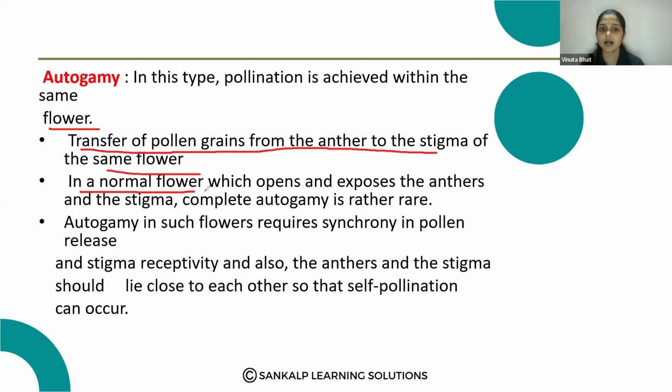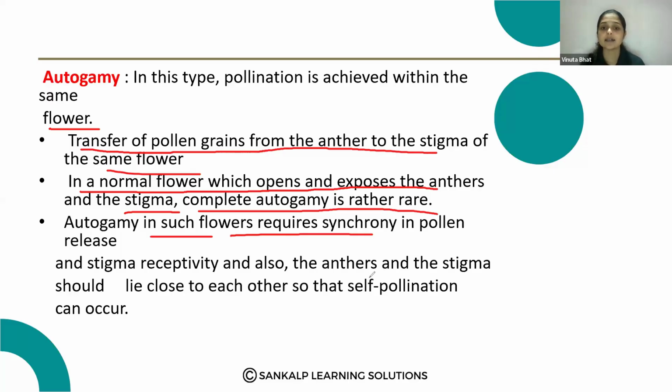In a normal flower which opens and exposes the anthers and the stigma, complete autogamy is rather rare. Autogamy in such flowers requires synchrony in the pollen release and the stigma receptivity. So in autogamy, the pollen grains and the stigma should be ready. That is called synchrony in the release of the pollen and the stigma receptivity.